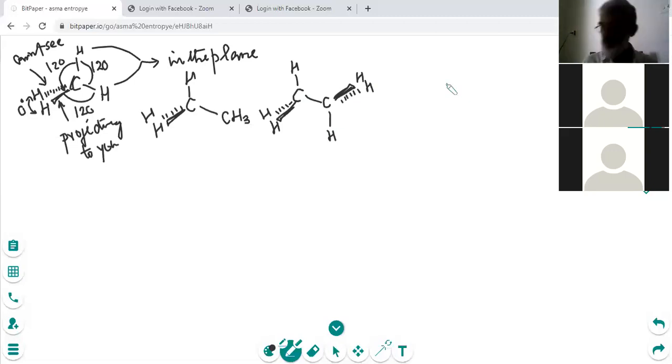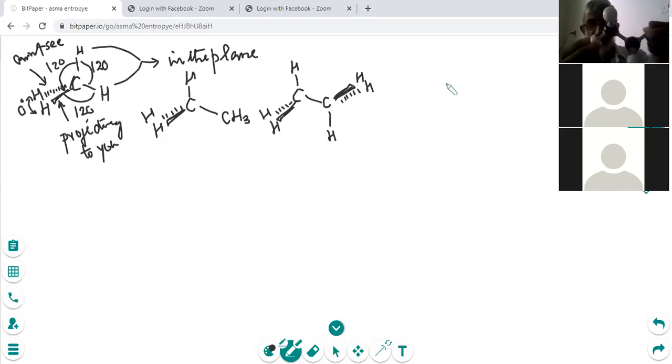Now let me make a model of this. See this. This is the molecule. I should hold it like this. I don't know in which way you are going to see that. Now see this hydrogen and this hydrogen are on opposite sides.